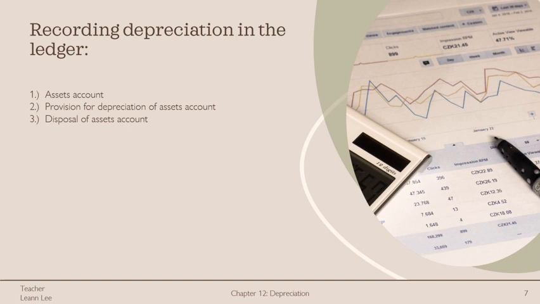Whatever you increase, the current year provision for depreciation, you must put under credit. And when there is a disposal of the asset, you have to open another T account for the disposal of asset account, to find whether you are making a gain or a loss from the disposal.